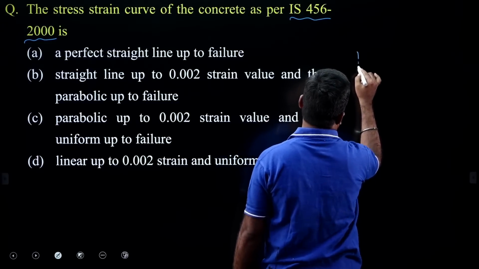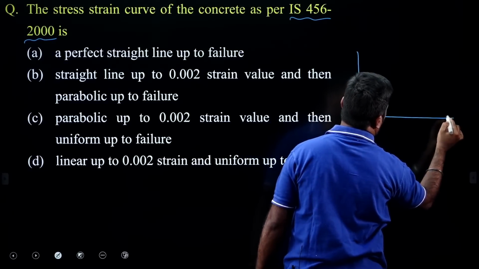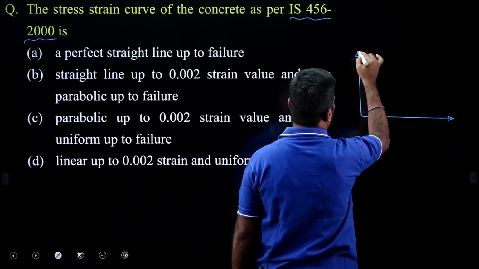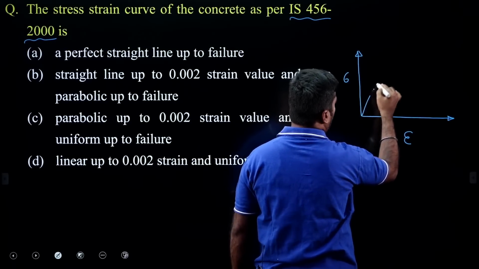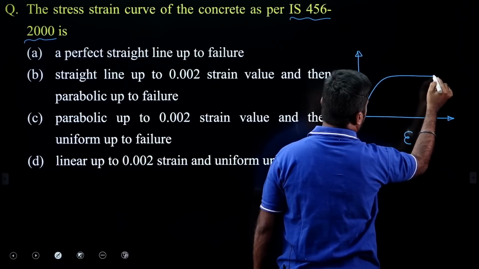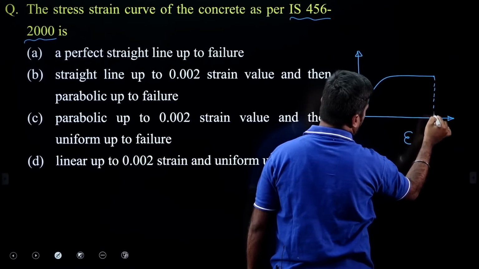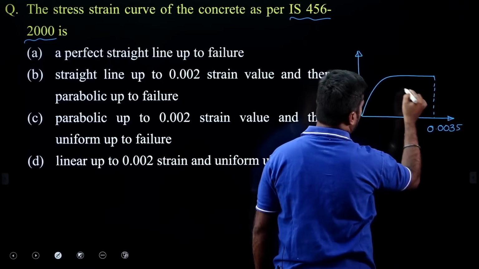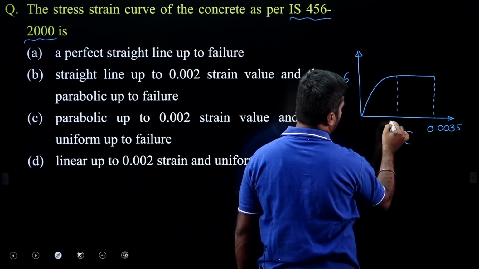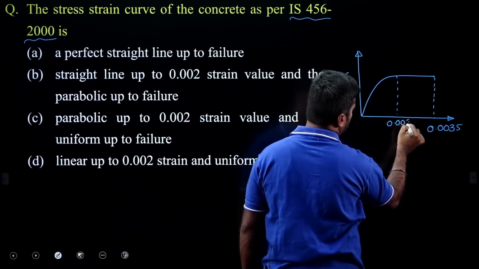See the stress strain curve of concrete as per IS 456-2000. This is the stress axis, this is the strain axis, and this is the design curve. Your strain is 0.0035, and at this level strain will be 0.002.